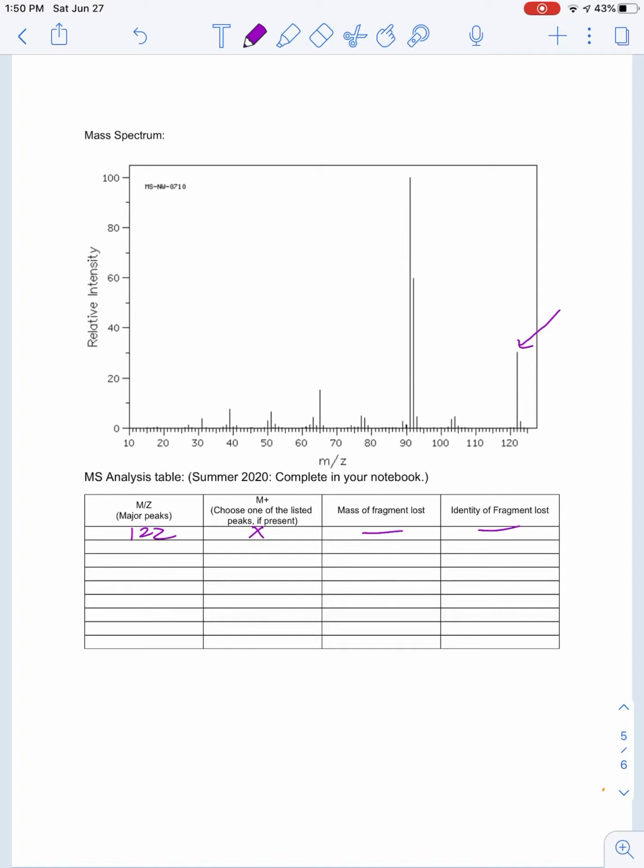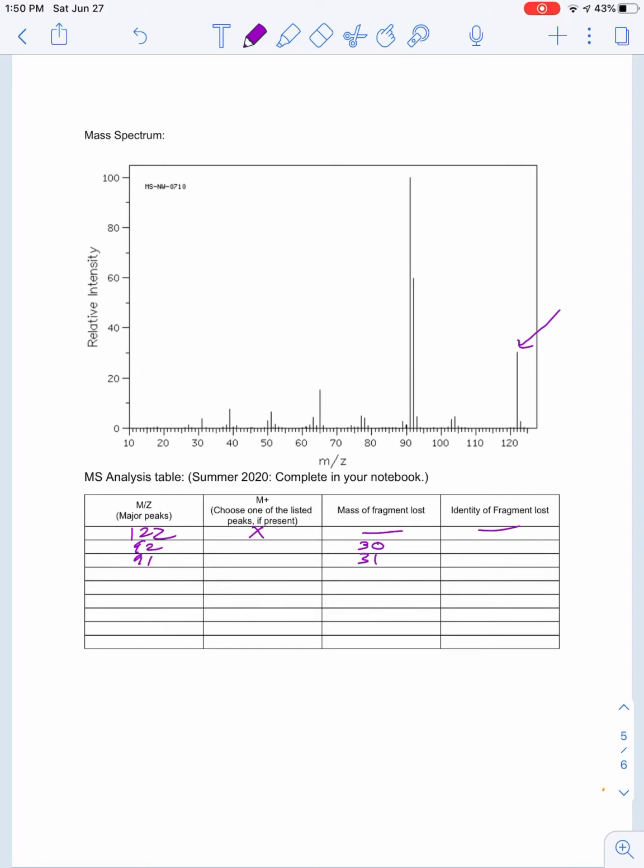Now, you don't have to analyze all of the peaks in a mass spec. So we're going to look at 92, and we're going to look at 91, and maybe we'll just look at those for now. Massive fragment loss is 30 and 31.